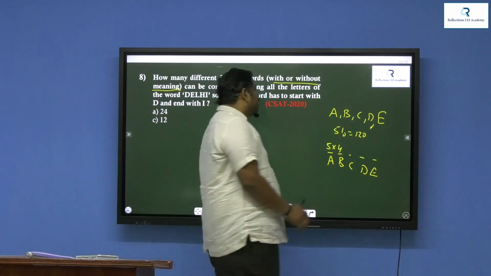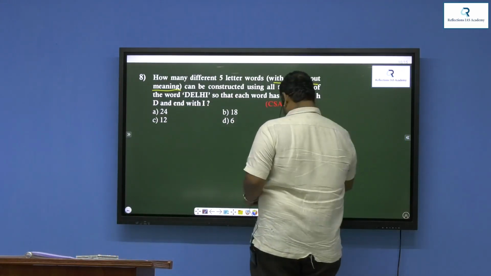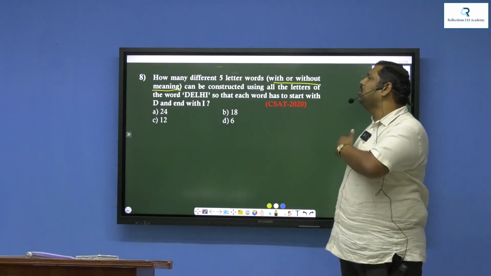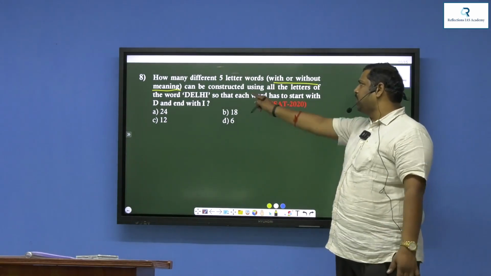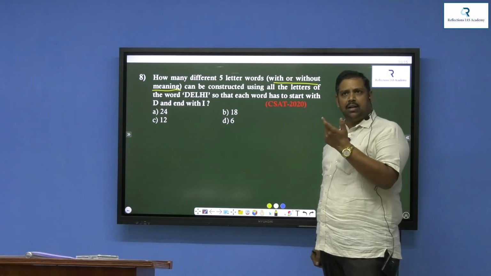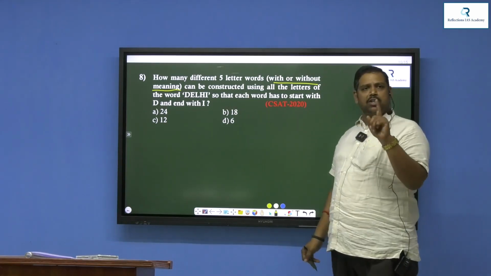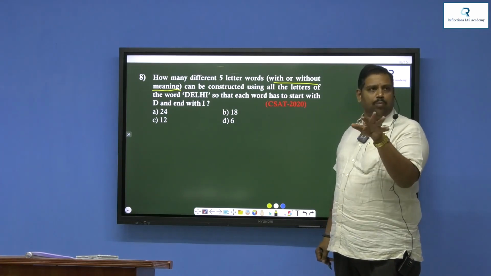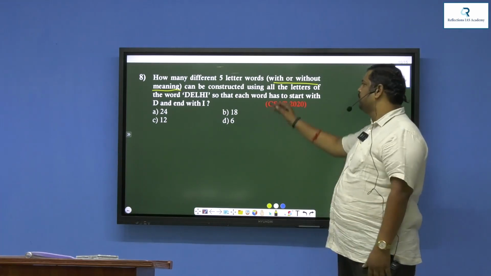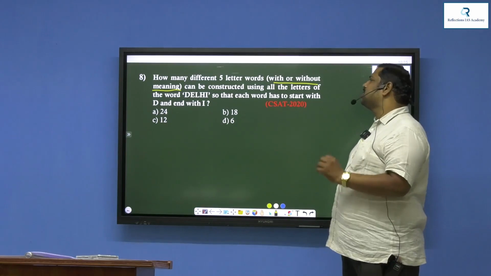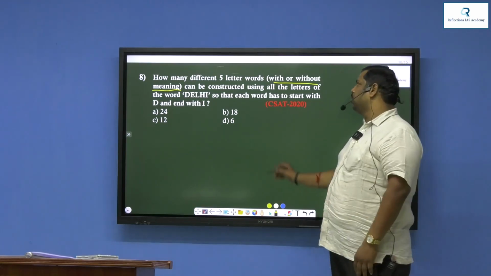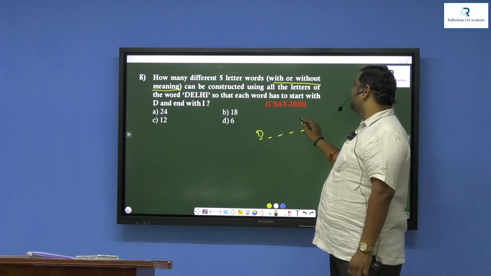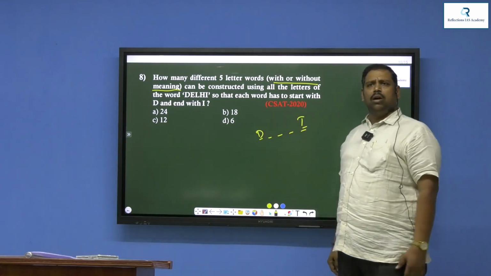Okay, good. How many 5-letter words, with or without dictionary meaning, can be constructed using all the letters of the word Delhi? First point, how many alphabets are there? 5. Second point, is any alphabet repeated? No. These 2 are important. Each word has to start with D and end with I. Means these 2 need no arranging by me.